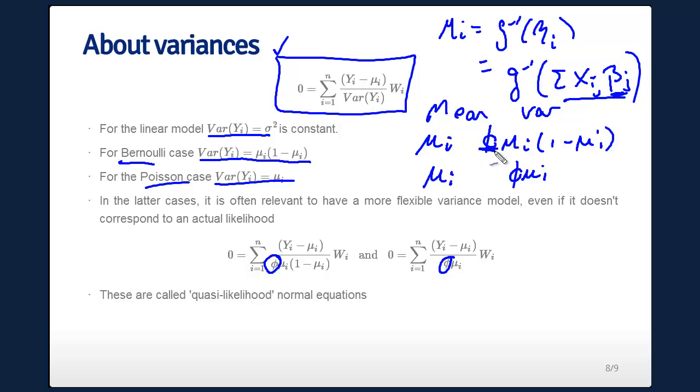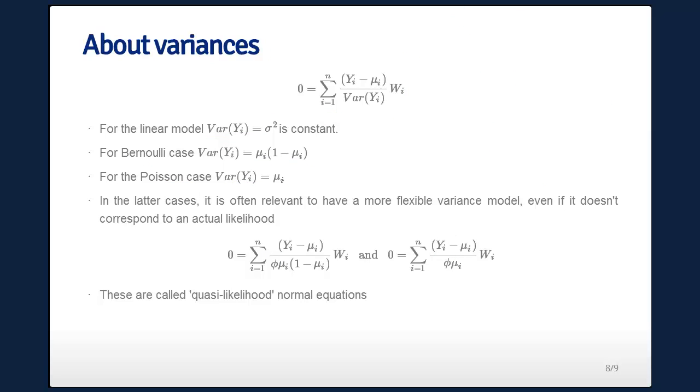Now this parameter doesn't depend on i, so it's just one extra parameter, not an extra parameter per subject. And that guy can help for variance relationships that are more complicated than the sort of severe restrictions put on by the assumption that the data are binomial.